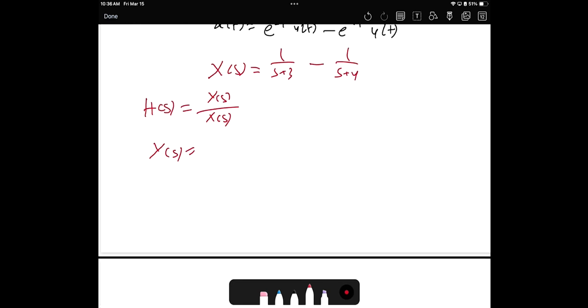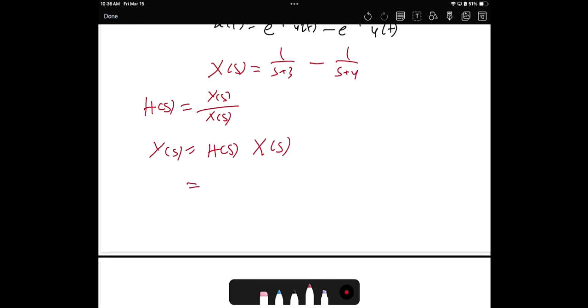Then let's substitute them. So h of s, I prefer to write in this form, s plus 3, s plus 4, or you can write the polynomial, but I prefer this so we can do some shortcuts. S plus 3 times s plus 4, over s plus 1 times s plus 2. Okay. Now, times x of s. X of s is 1 over s plus 3 minus 1 over s plus 4.